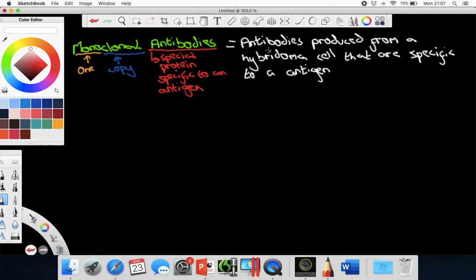They only fit one. So although I've already used red here, I'm going to use it underneath, and this is supposed to encompass everything in our definition.